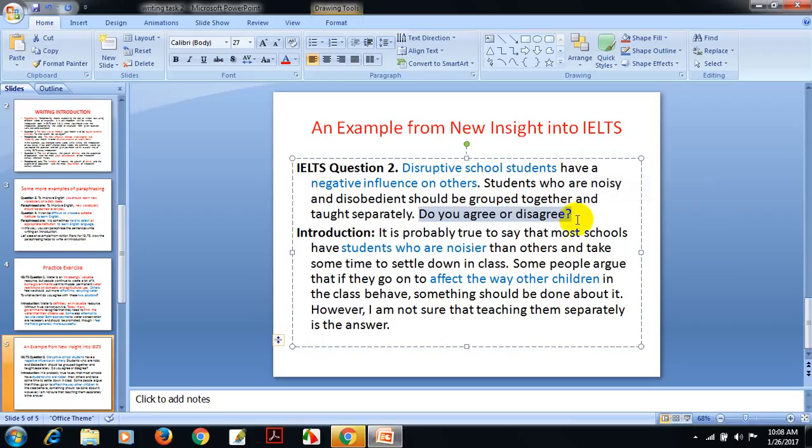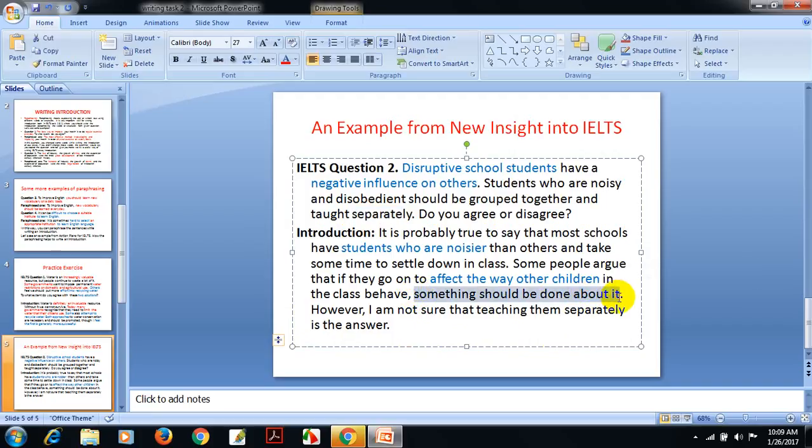What the student has said here. However, I'm not sure that teaching them separately is the answer. What is given here? Disobedient students should be grouped together and taught separately. This is the view. With this view, this student is not satisfied. What the student is saying, something should be done.